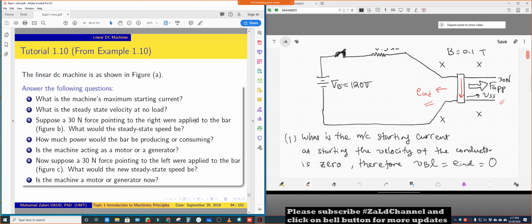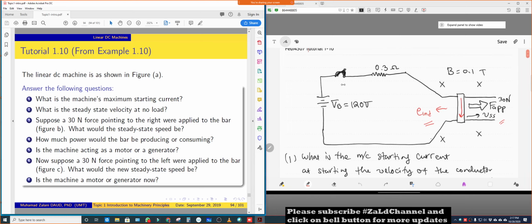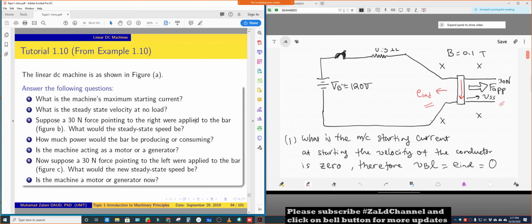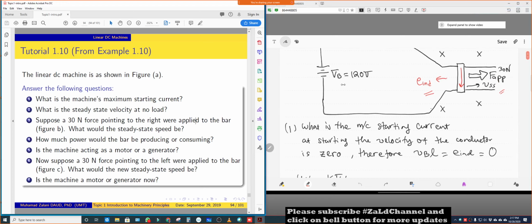As you can see, Ff is the force applied to this bar because of the switching. A large current is drawn, so the bar will be moving toward the right at speed of v.